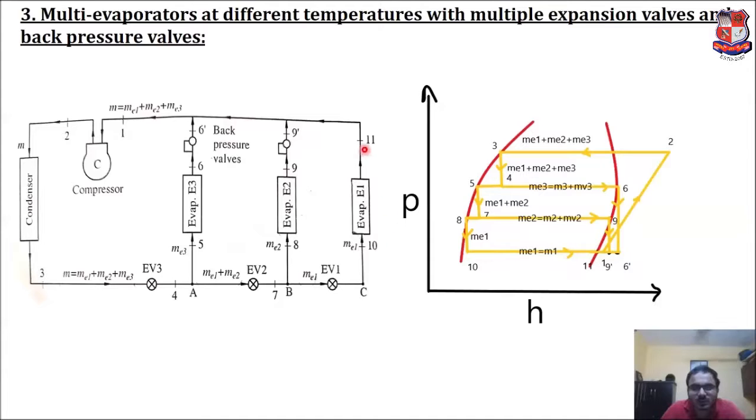And then if we further discuss about back pressure valves, then 6 to 6 prime is the expansion which is happening here, 9 to 9 prime is the expansion which is due to this back pressure valve, and 9 prime, 6 prime and point number 11 are mixed together to form point number 1, and from 1 to 2 is the compression process. So this is the whole pH diagram for this arrangement.